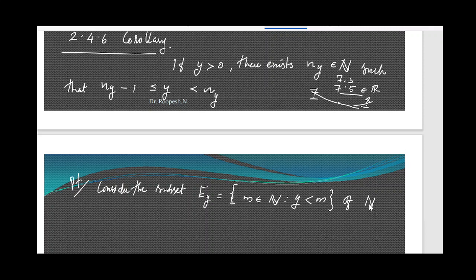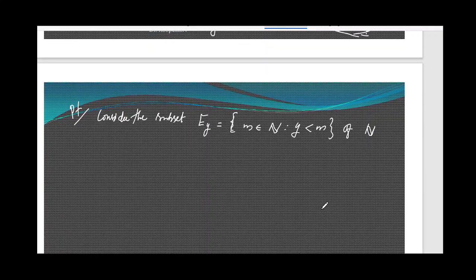We are taking a subset of the natural numbers, that is the set of all m belongs to N such that y value is less than m, right?